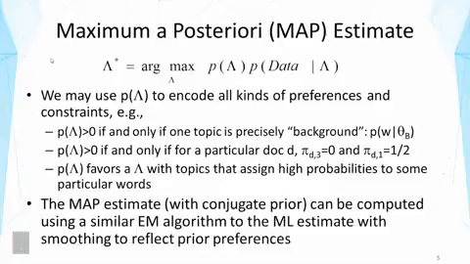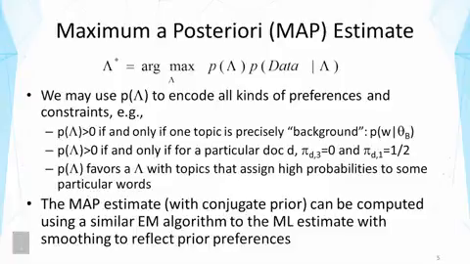So what would happen is that we're going to have an estimate that listens to the data and also listens to our prior preferences. We can use this prior, which is denoted as P of lambda, to encode all kinds of preferences and constraints. So for example, we can use this to encode the need of having precisely one background topic.